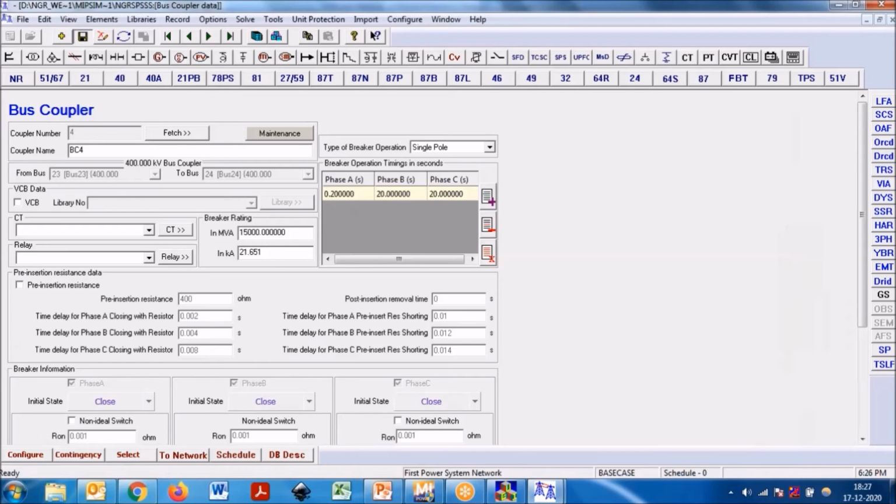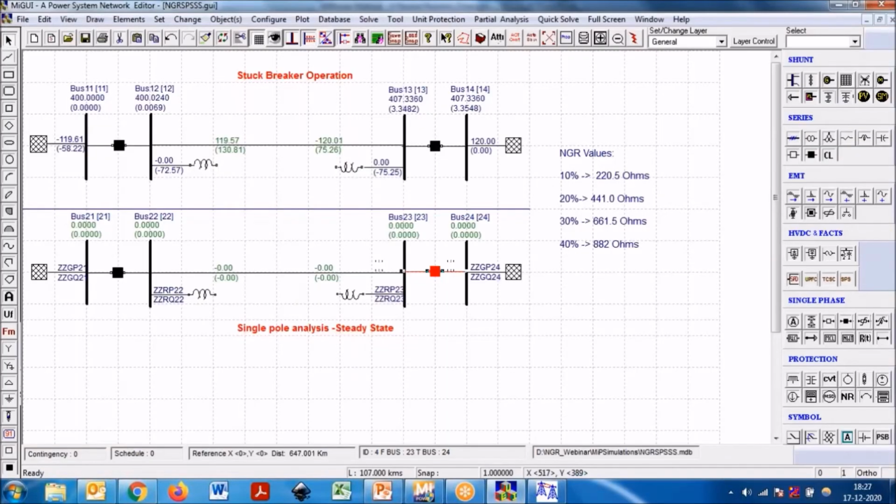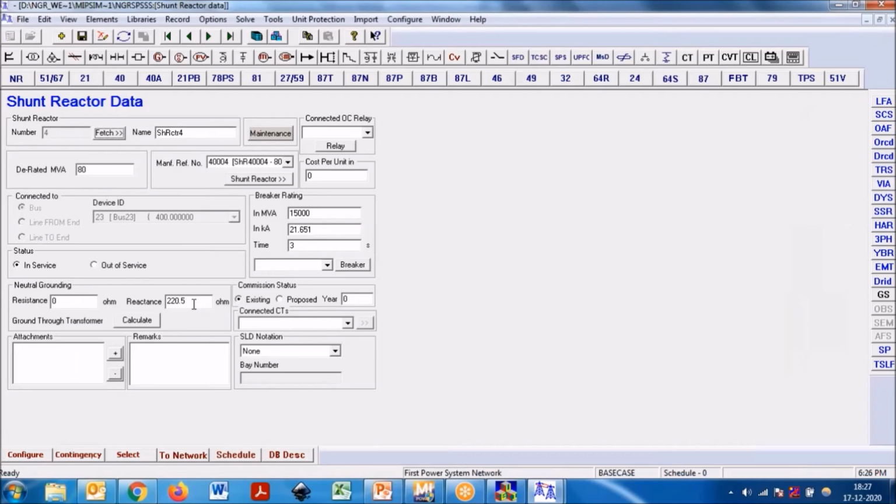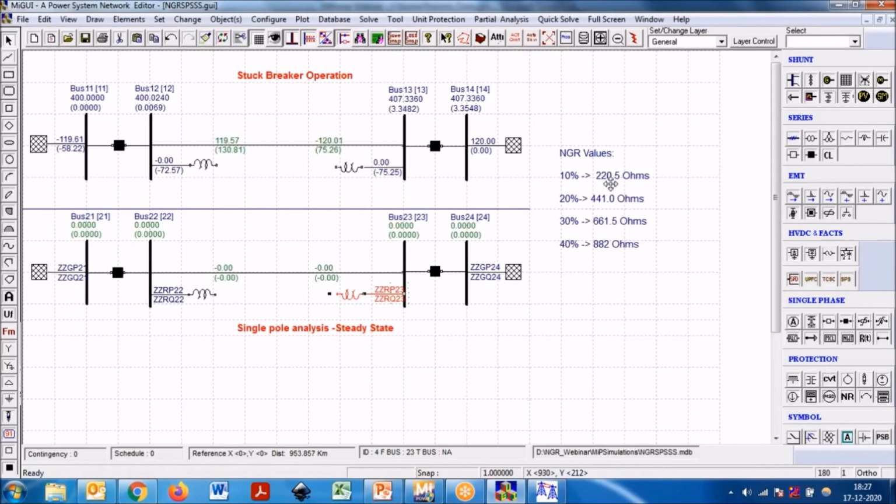This particular phase A is opened here, and this could be some reactance, right? I just modeled here 220 as 10% value. You can vary it from 0 up. Now we are going to calculate the secondary arc current.